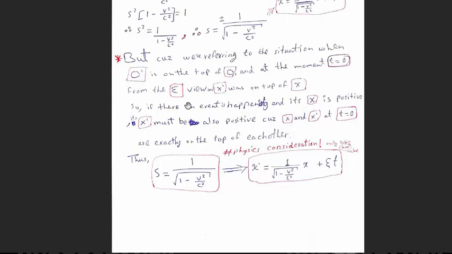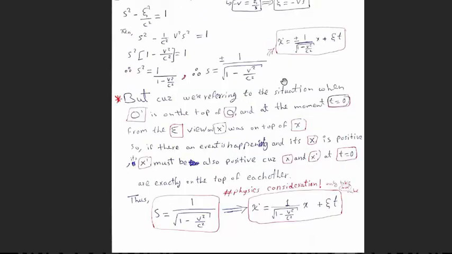This means if there is an event on the right of x, it must be on the right side of x dash, and if it is on the left side, it must be on the left side of x dash.